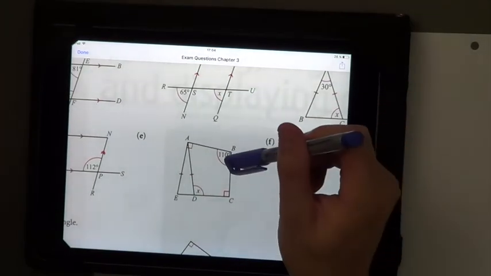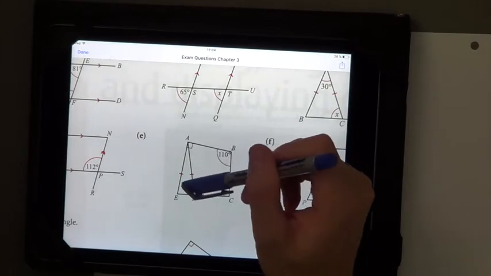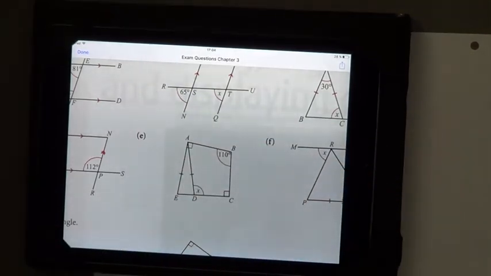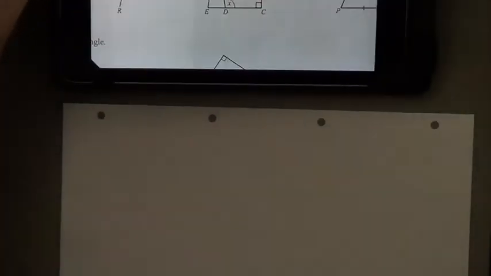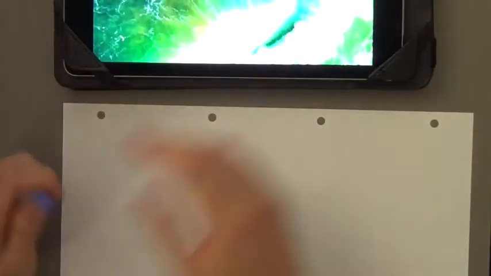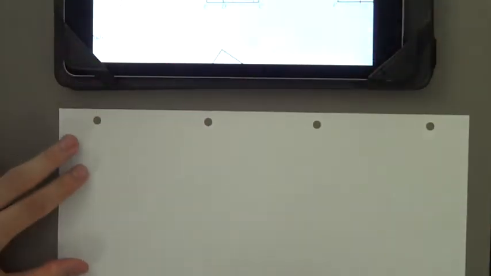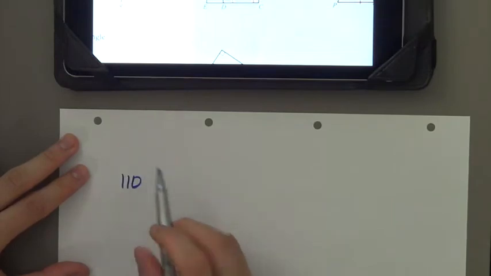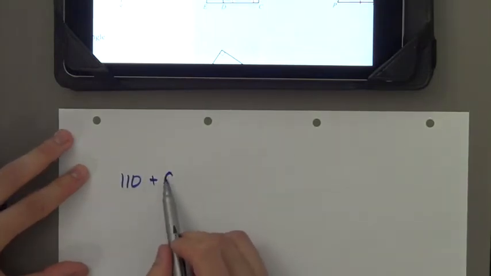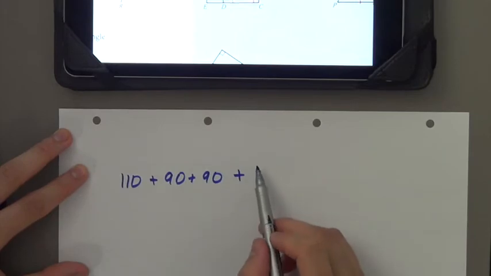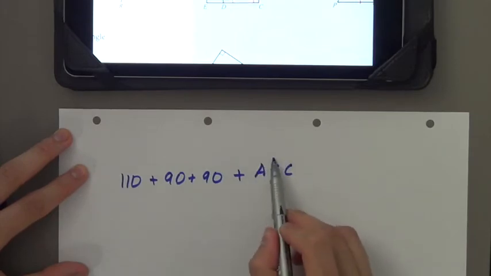Now, 110 plus 90 plus 90 plus this angle has to equal 360. So, in order to do this one, I'm going to say 110 plus 90 plus 90 plus AEC.